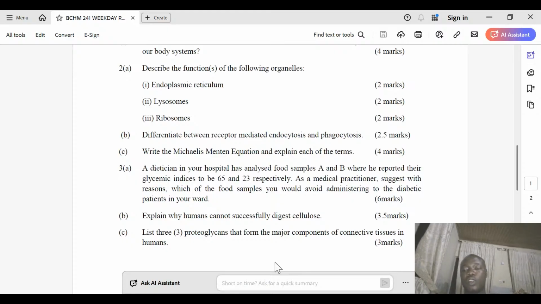So let's look at question 2B. Question 2B says differentiate between receptor mediated endocytosis and phagocytosis. So what is the difference between endocytosis and phagocytosis?